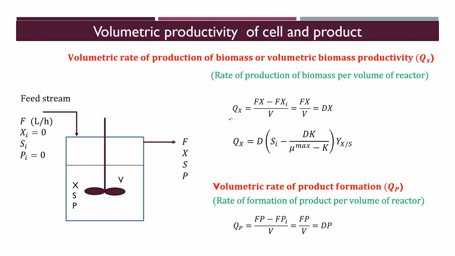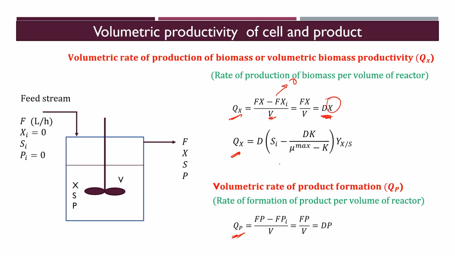Further, we can calculate both volumetric productivity of cell as well as for the product. Qx is (Fx minus Fxi) divided by V. Xi is 0. So, it becomes Fx upon V or D into x. Now, what is x?